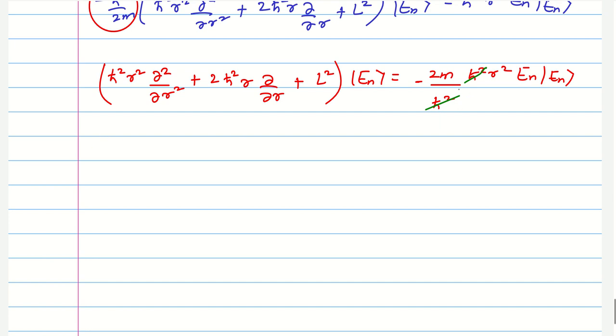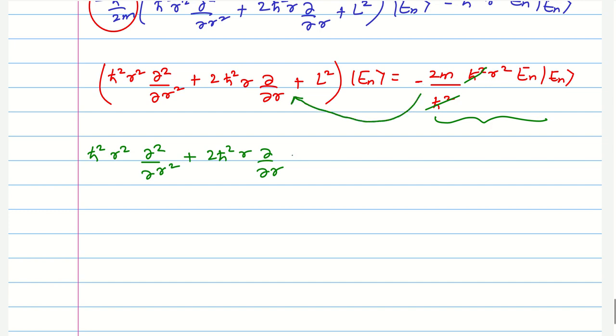Now we can bring this whole thing to the right. When you bring this to the right, we will bring it here. So, minus will become plus, and you get 2m r square of n, this is equal to 0.